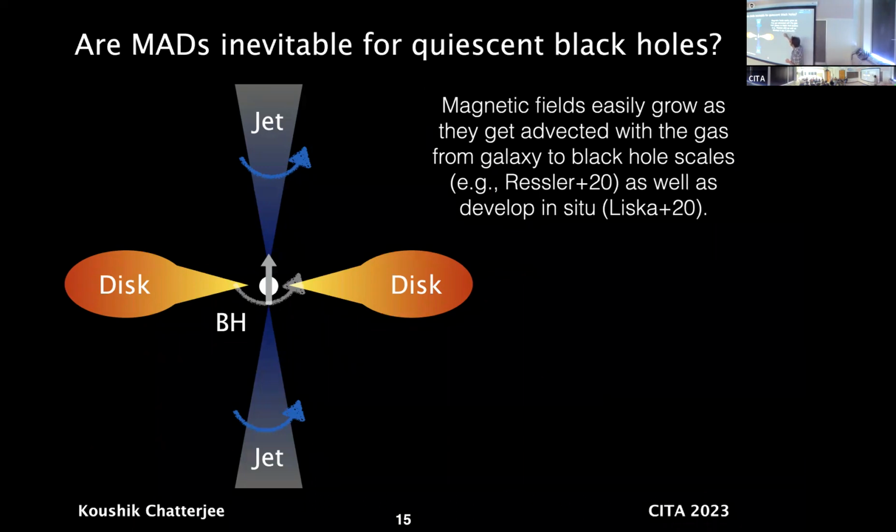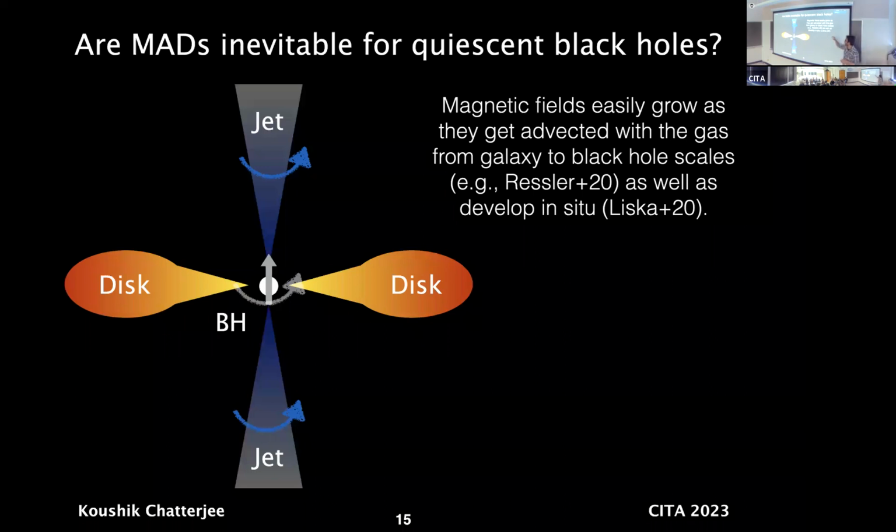Okay. So just this question about how do you feed the black hole with magnetic fields. What Sean found is that you can easily advect large-scale magnetic fields towards the black hole, and you transition to a magnetically arrested disk state.